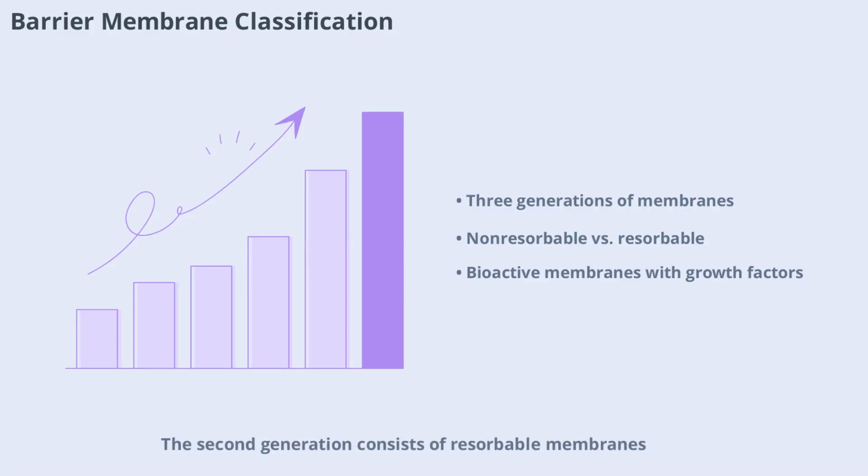The second generation consists of resorbable membranes, which are gradually broken down by the body, eliminating the need for a second surgery. The third generation features resorbable bioactive membranes with added growth factors, further enhancing regenerative outcomes. Each type has unique properties and clinical applications.